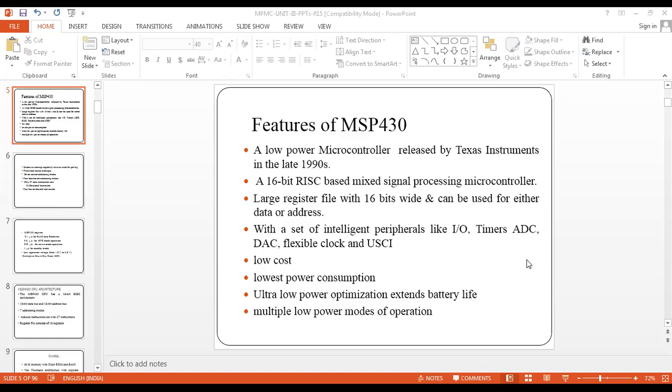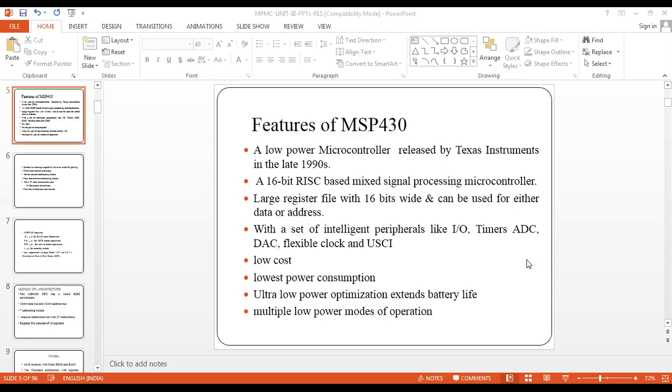Therefore, the sensor outputs are also analog. So for processing those signals, the microcontroller should process them. Hence, here we have a controller called MSP, the mixed signal processor.